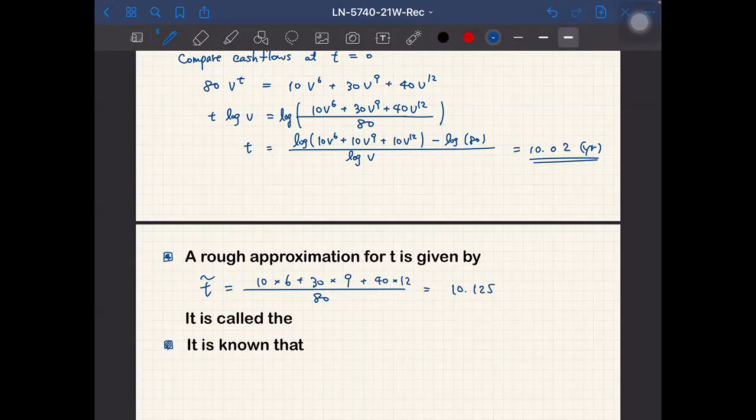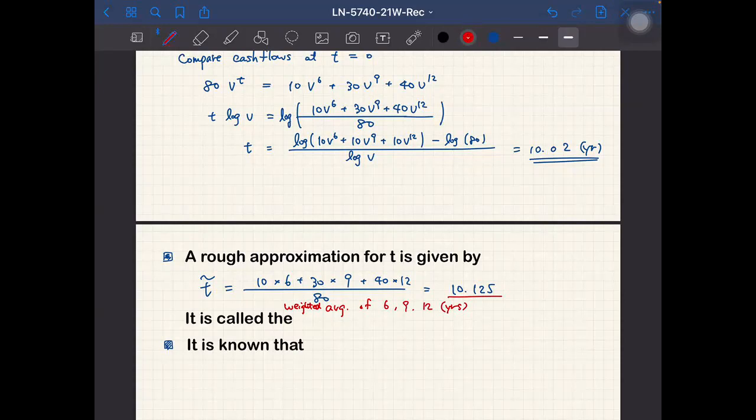So the idea is the weighted average of the 6, 9, and 12 years, which gives 10.125.